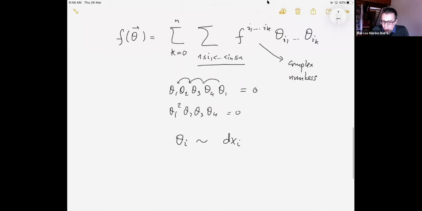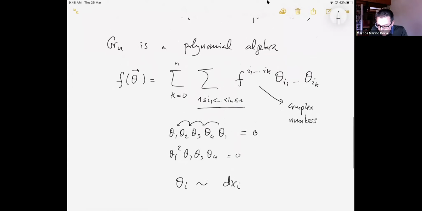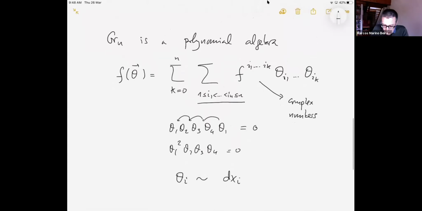We will learn to manipulate these things. Now let me make two comments on this.